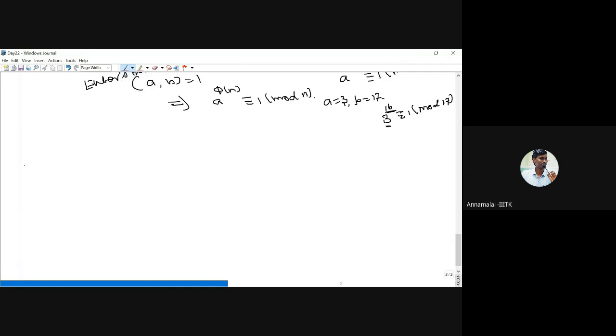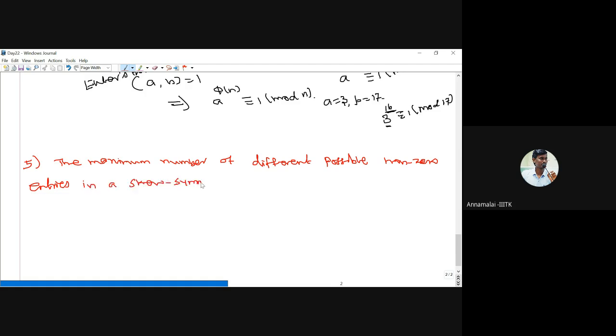The fifth problem says the number of unknowns, that is, the maximum number of different possible non-zero entries in a skew symmetric matrix of order n by n.